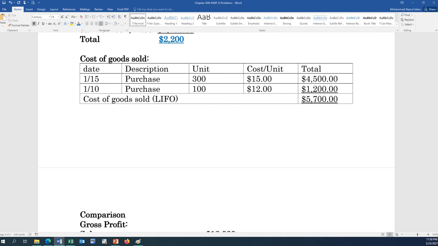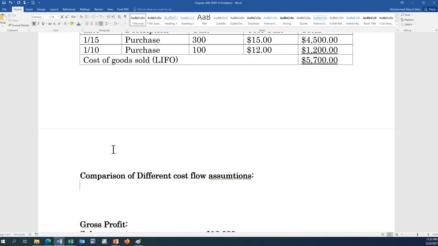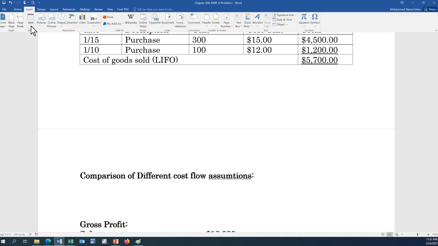Now what we can do is make a comparison of different cost flow assumptions. Let's see what we can do.